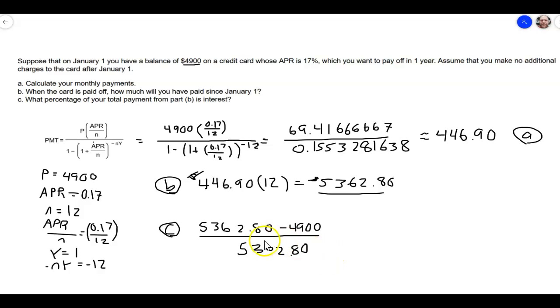That will give us our percentage, and then we can just multiply that by 100% in order to convert that to a percentage. All right, so let's do that in the calculator here.